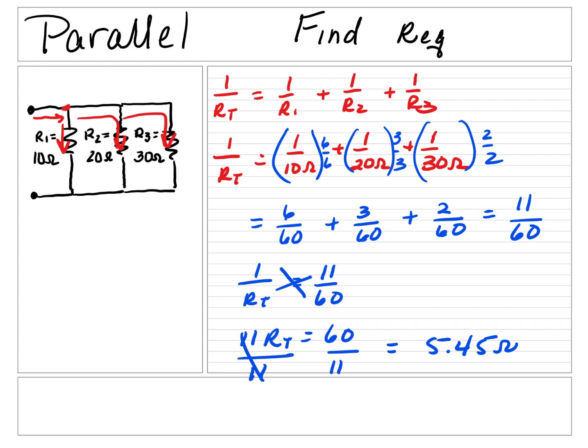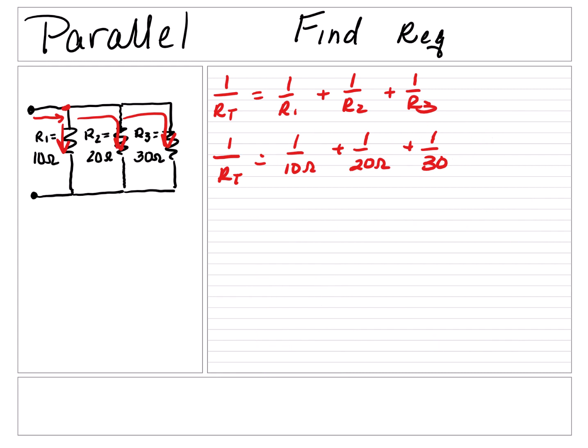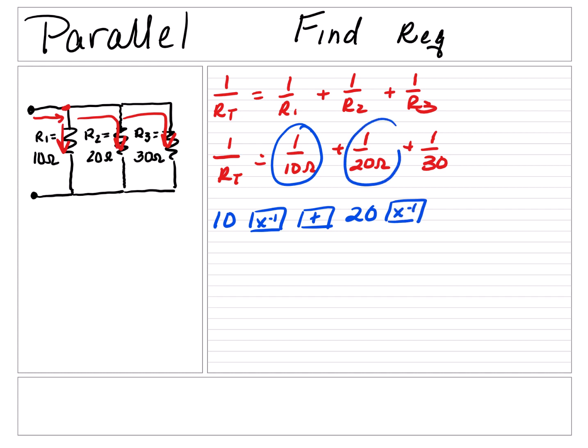Now pause the video and try to punch it into your calculator using the reciprocal button. If we use the reciprocal button, we would type in 10. Reciprocal button, this is 1 over 10, plus 20, the reciprocal button, which is 1 over 20, plus 30, the reciprocal button, and if you push enter, you should get 0.183.